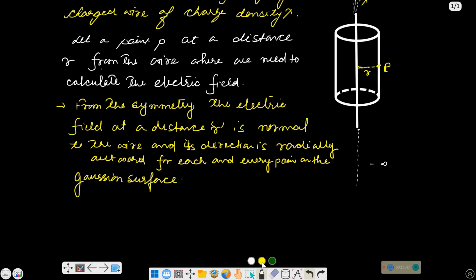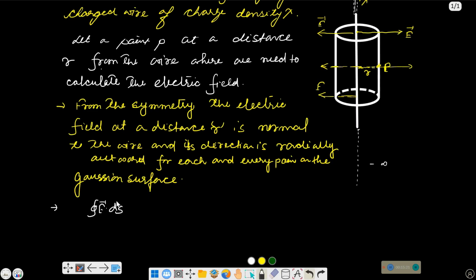If we draw the electric field, this is the electric field direction at point P. Here also it is in this direction. These are equal, and they are always radially outward from the wire.